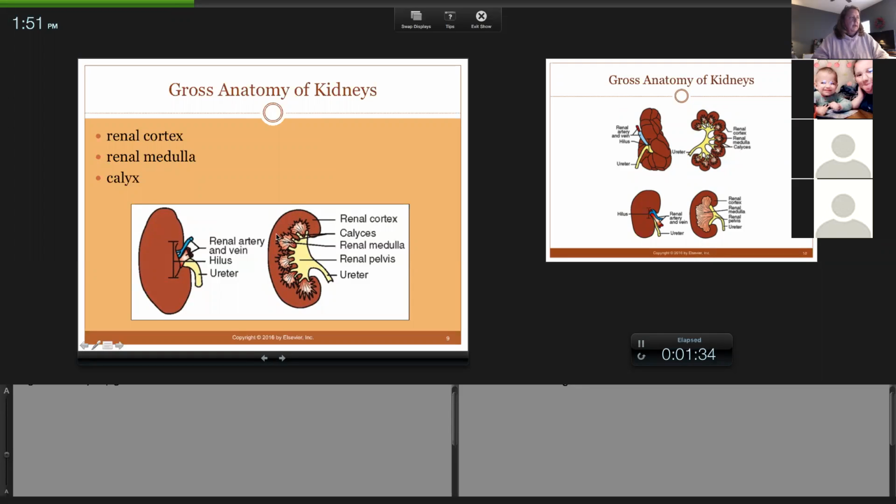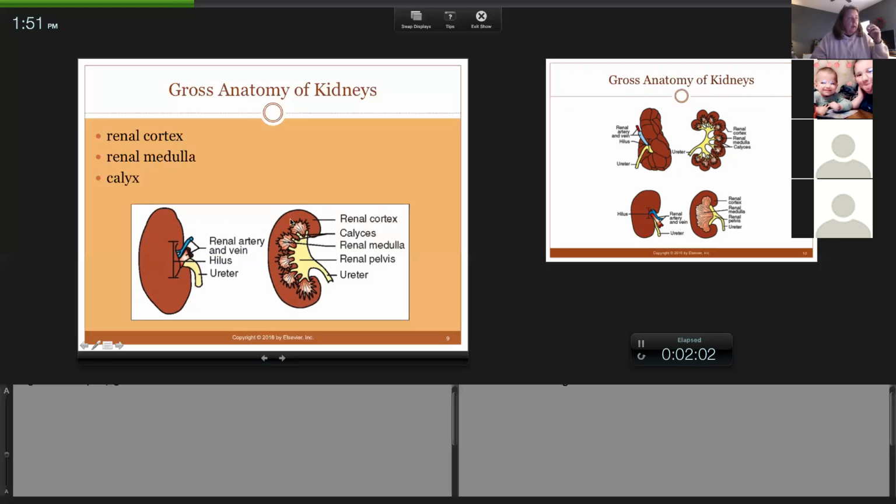Think about cortex or C. The cortex is this outer core here, which is kind of a smoother structure. And then the medulla are these little funnel type structures. So the cortex is on the outside, then you have the medulla, then the calyces are these little yellow tubes here, because when the kidney makes urine, it's made within the cortex and the medulla.